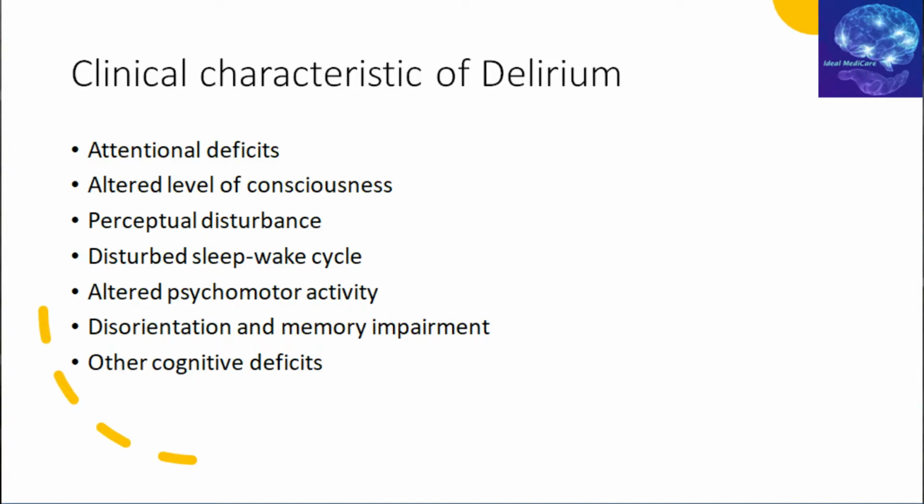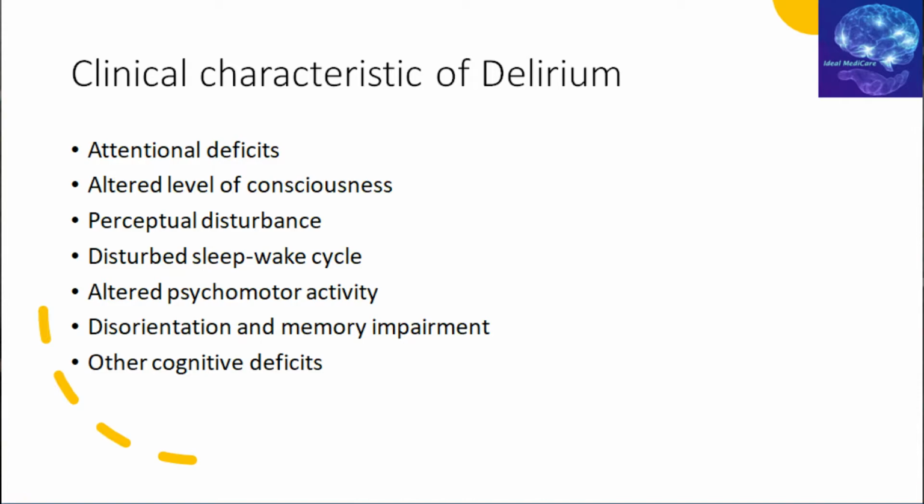So that should be checked: how many days they are off from the date, if it's 3 days off from the date, or 2 days off from the week, or 4 hours off from the time. So if it's 12 p.m. and they say it's 6 p.m., they are probably having delirium.